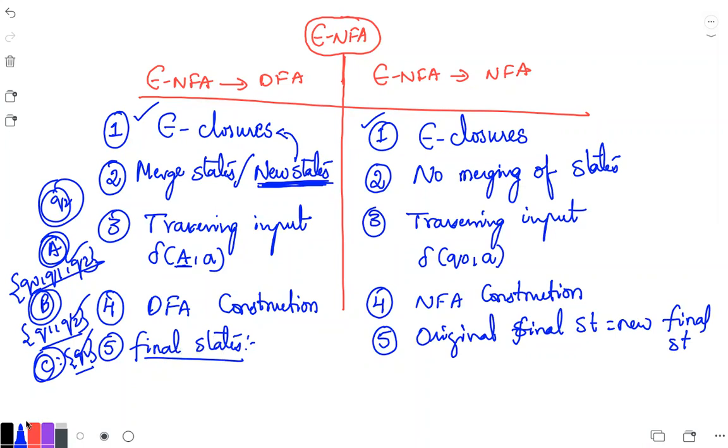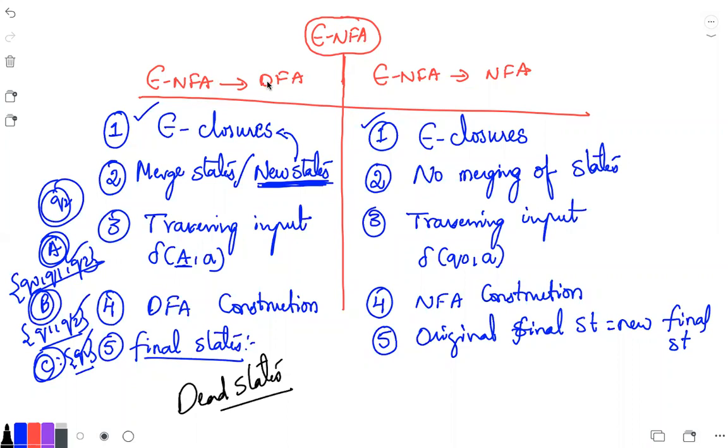Now, an additional point is dead states. For DFA, if asked, you need to construct the dead states. It's optional, not mandatory. Every time you need not represent the dead state. Kindly draw the dead state if and only if it is asked. Don't show your subject prowess there.